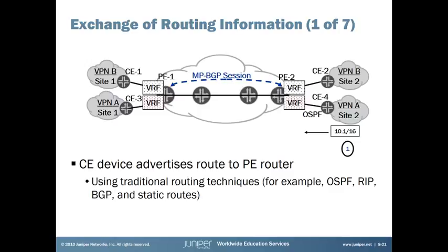So that is a local or directly connected route in the VRF. But you will also have other routes. They may be static routes, maybe BGP routes, maybe OSPF routes. In any case, they will all arrive in the VRF because the interface that connects to the CE is part of the VRF instance. So all arrive in the VRF. That's step one.